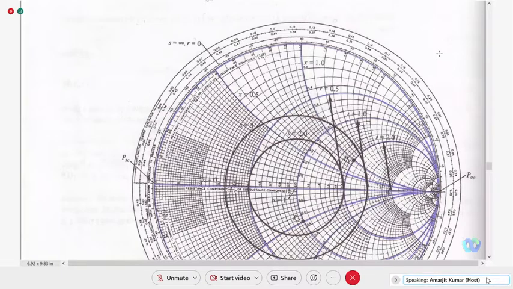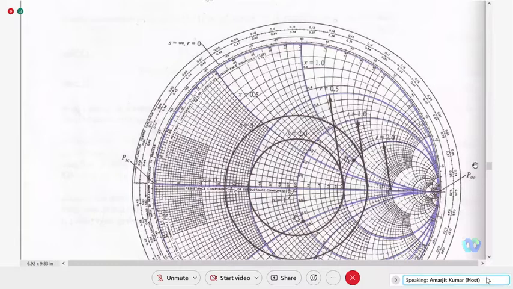See this Smith chart. I am talking about the outermost scale, from 0 to 0.25. We start from 0, 0.01, 0.02, and so on.